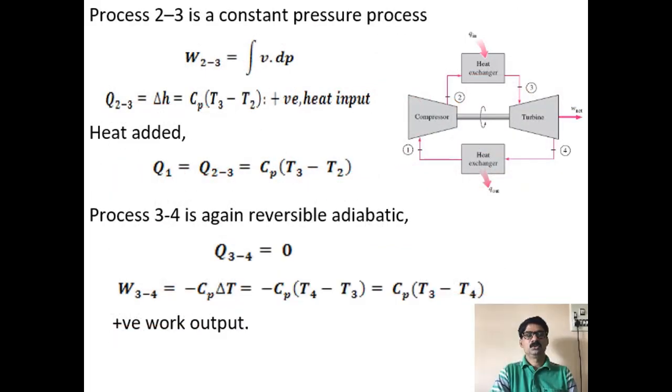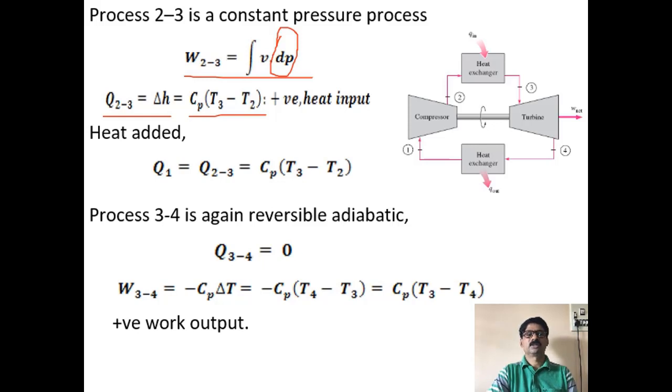Now process 2 to 3 is a constant pressure process. So W2 to 3 is equal to the integral of V dP, and dP is 0 because of the constant pressure, no change in pressure. So it becomes Q equal to delta H, that means Q2 to 3 is equal to delta H. Delta H for the process 2 to 3 is nothing but Cp into T3 minus T2. This is always positive because T3, the temperature at the end of the combustion, is much higher than at the entry to the combustion chamber or heat exchanger.